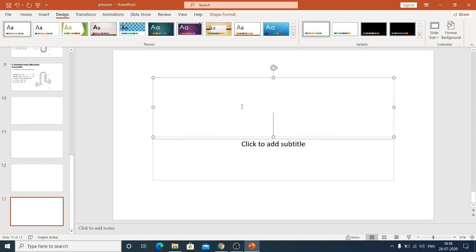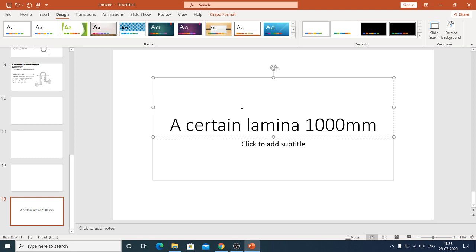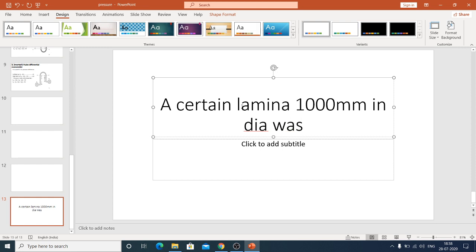If you take the question, a certain circular lamina, here I am writing, a certain lamina 1000 mm in dia was... In competitive exams they don't ask questions on pressure and on manometers.